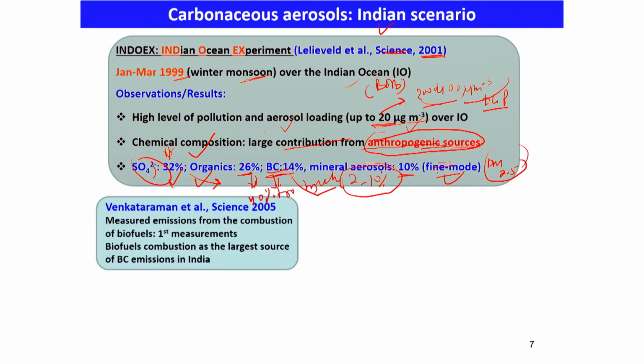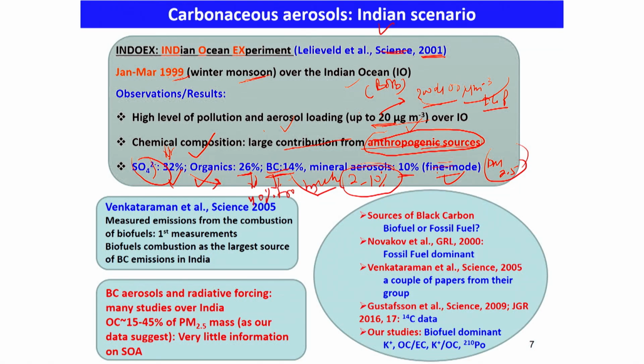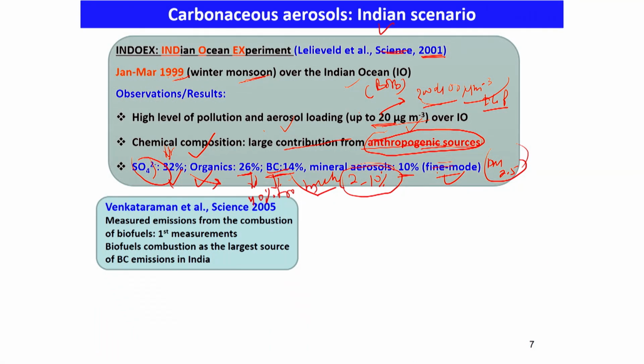But the scenario changed, and then the paper that came, and then India was actually like there was a very big debate, and people started saying that okay, India is polluting a lot, because India is using coal and all fossil fuel kind of emissions, and this is giving this kind of concentration in the Bay of Bengal.